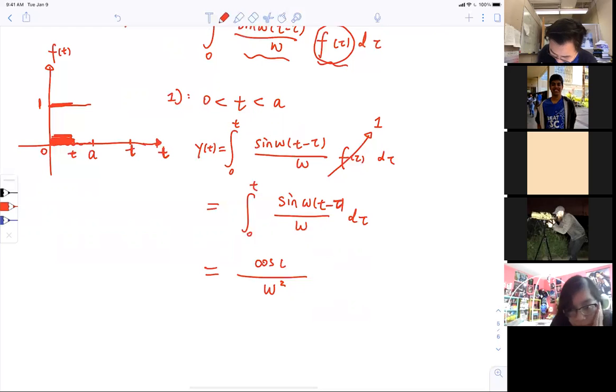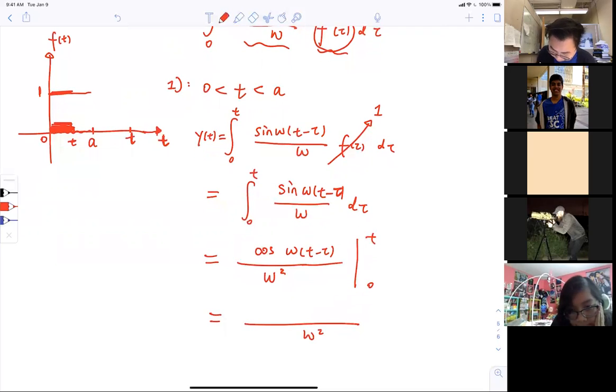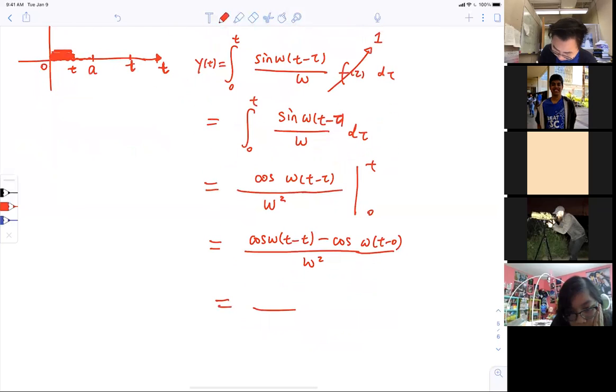This is cosine omega (t minus tau), evaluated from tau equal to 0 to t, over omega squared. The numerator: when tau equals t, it's cosine of 0, so it's cosine omega (t minus t) minus cosine omega (t minus 0), which gives (1 minus cosine omega t) over omega squared.